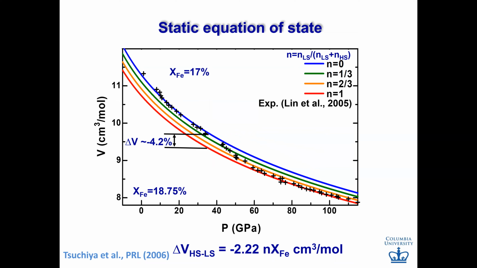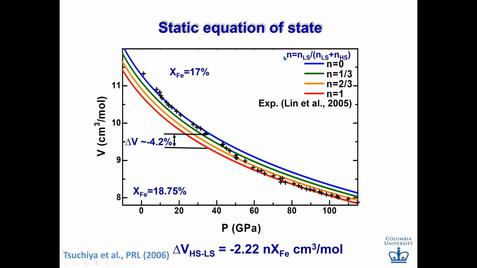There is no symmetry change, and there is no discontinuity in the volume across this state change. It's a crossover. Based on my interpretation of the compression curve and the enthalpy crossing at different iron concentrations, I postulated that this crossover happened in a region where there was a mixed spin region, where some irons were in the high spin and some irons were in the low spin.